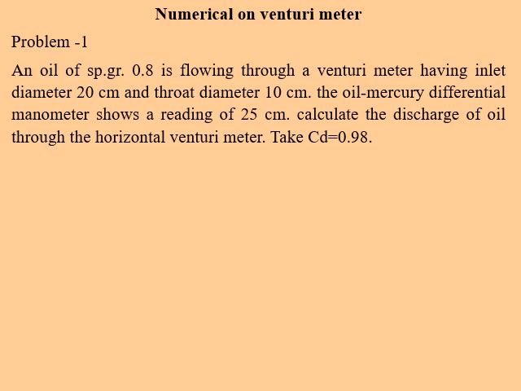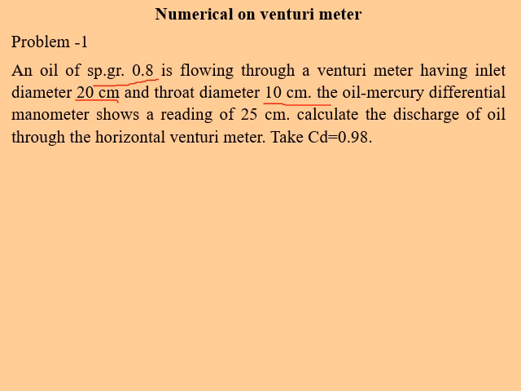So here an oil of specific gravity 0.8 is flowing through the venturimeter. That means now the lighter liquid is flowing through the venturimeter, and the inlet diameter D1 is equals to 20 cm and throat diameter D2 is equals to 10 cm.